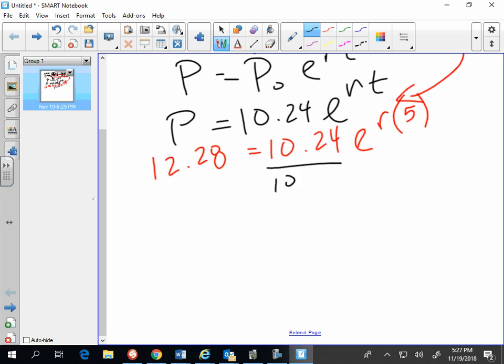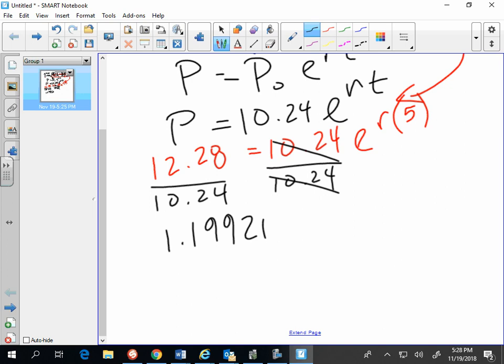I'm going to start by dividing by 10.24. And that means I need my calculator handy. So I get 12.28 divided by 10.24, which is 1.19921875, equals e to the 5r.